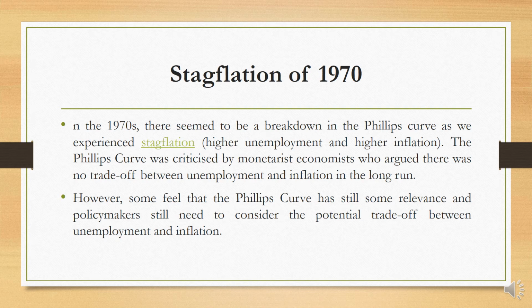The Phillips curve was criticized by monetarist economists, who argued that there was no trade-off between unemployment and inflation in the long run. However, some feel that the Phillips curve still has some relevance, and policymakers still need to consider the potential trade-off between unemployment and inflation.